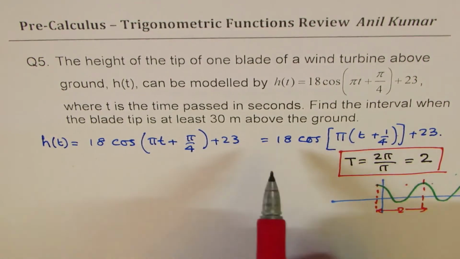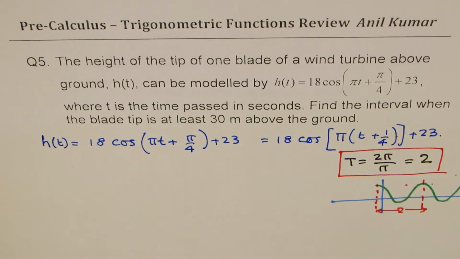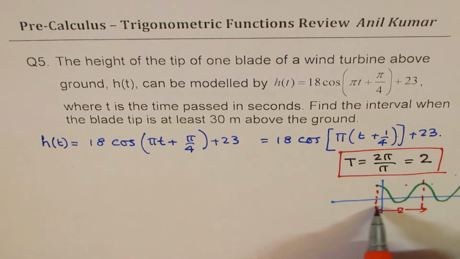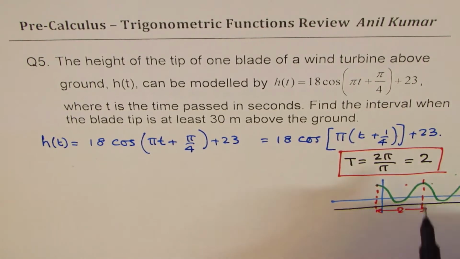So from here we know 23 is kind of the middle value. Well, this diagram is not very correct. To be precise, our x-axis should have been below. So let me redraw the x-axis. Okay, that makes sense.